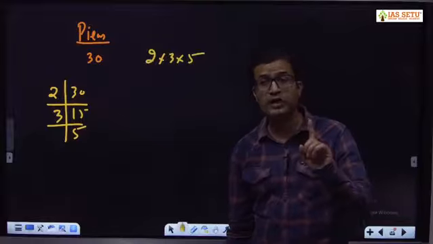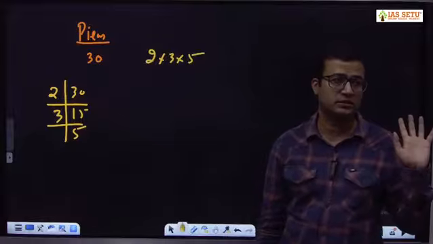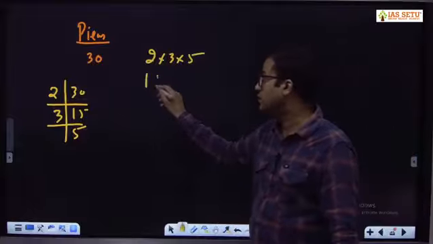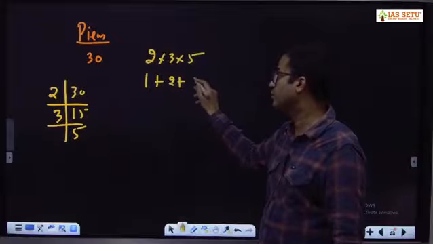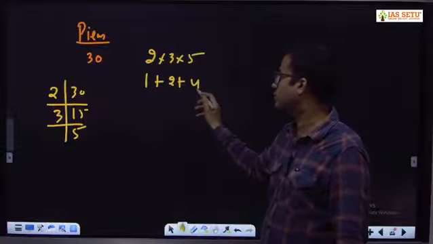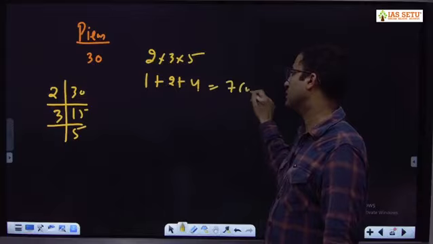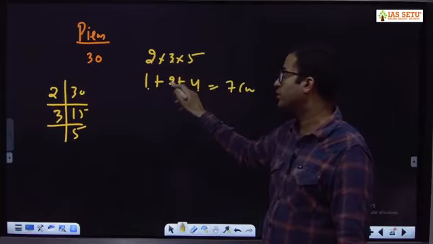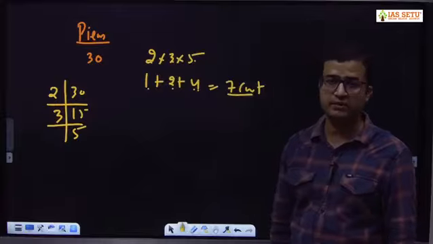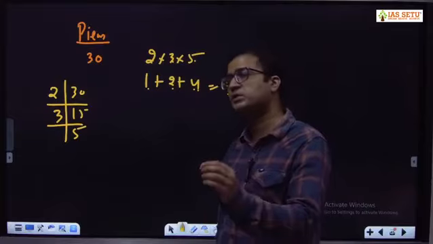And you have to take care of the point that there are 3 axes at most. It is 1 plus 2 plus 4. So here 7 cuts. 2 pieces require 1 cut, 3 pieces require 2 cuts, 5 pieces require 4 cuts. So the minimum cut is 7. For 30 pieces, the minimum cut is 7.